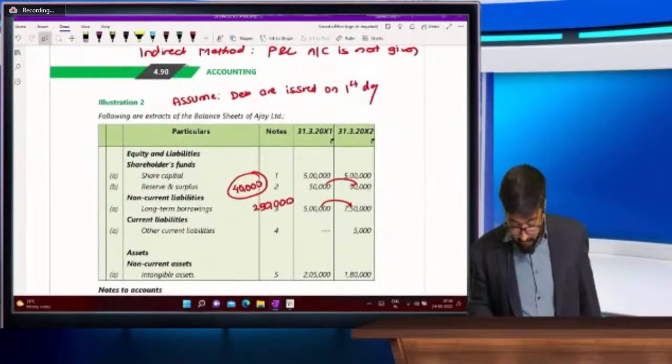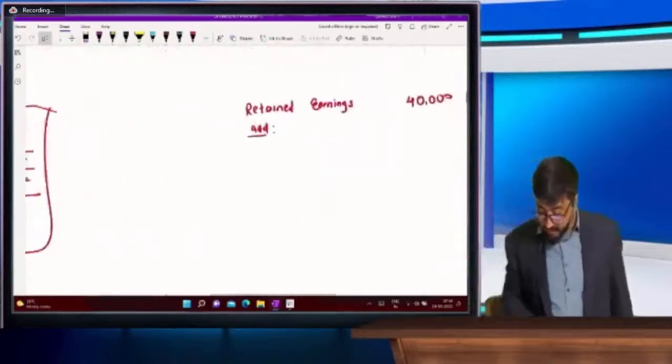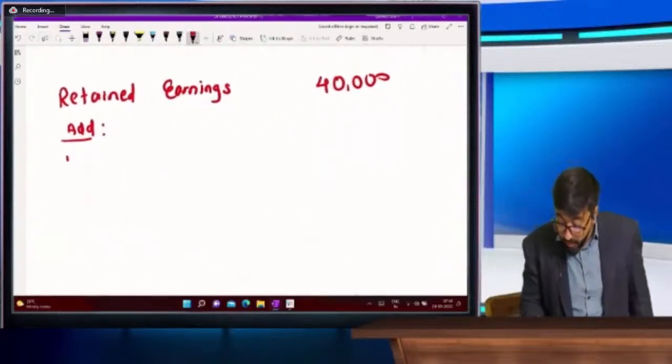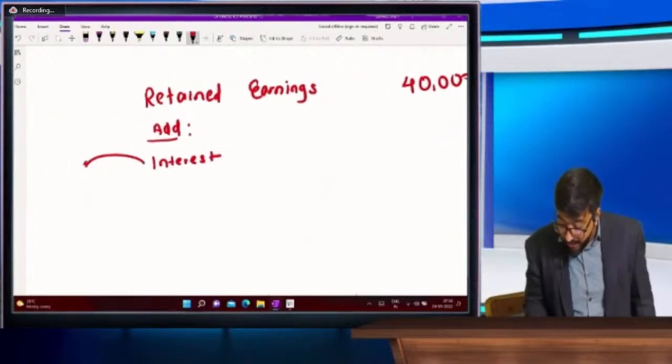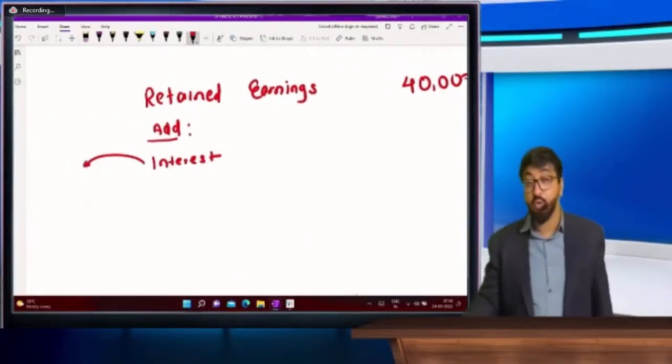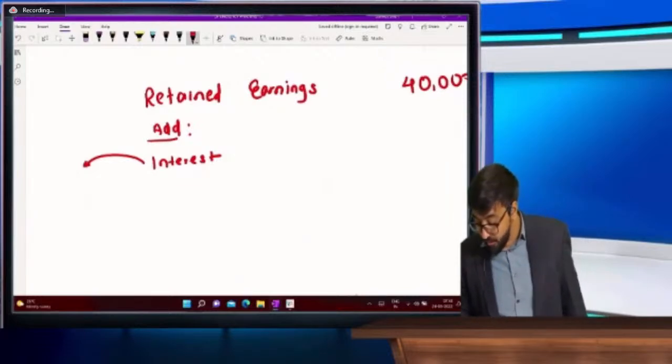So, my interest is, see, I am going to add interest. What is the reason? I am going to add interest because, yes, interest क्यों add करूंगा? चलो, give me reason why I am going to add interest.